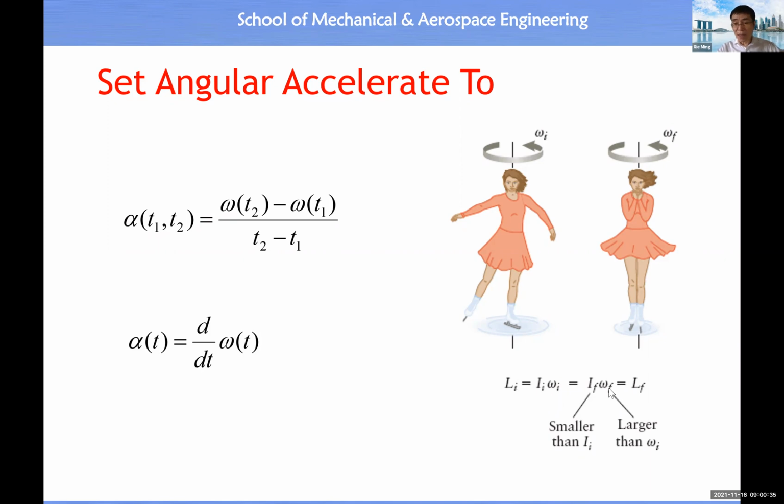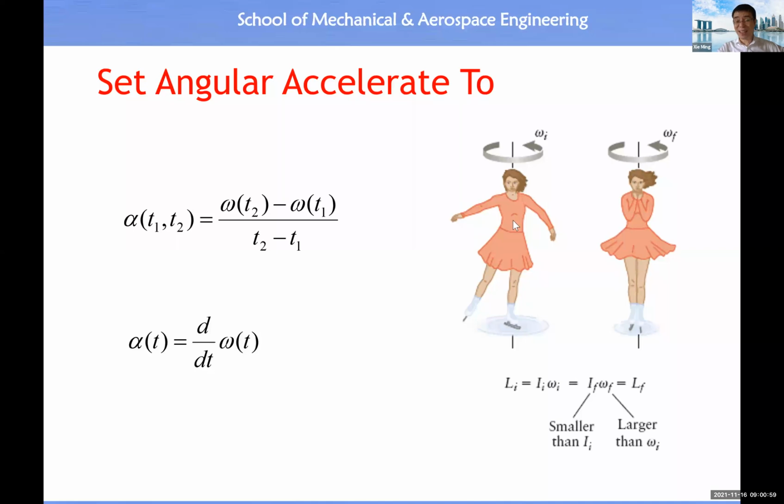So therefore, if you reduce the moment of inertia, then angular velocity will increase. Or if you increase the moment of inertia, then angular velocity will reduce, because this value will remain constant. So this is the way for people to control the angular velocity.